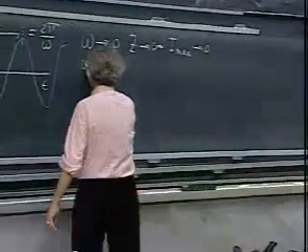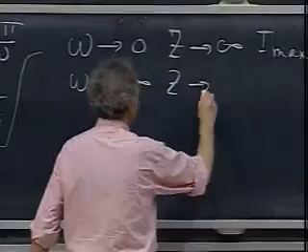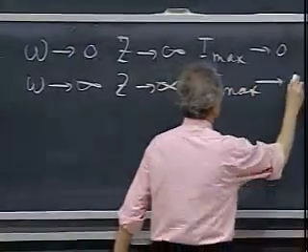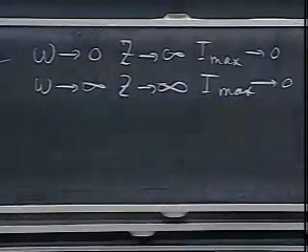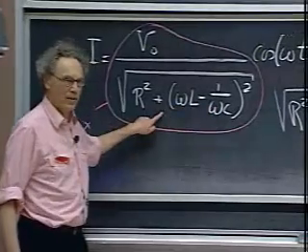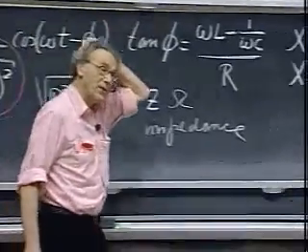When omega becomes very high, let's call it infinity, then Z again goes to infinity. So again, the maximum current goes to 0. And the one responsible for that is the self-inductor, because when omega goes to infinity, again Z goes to infinity. And that's also intuitively pleasing.